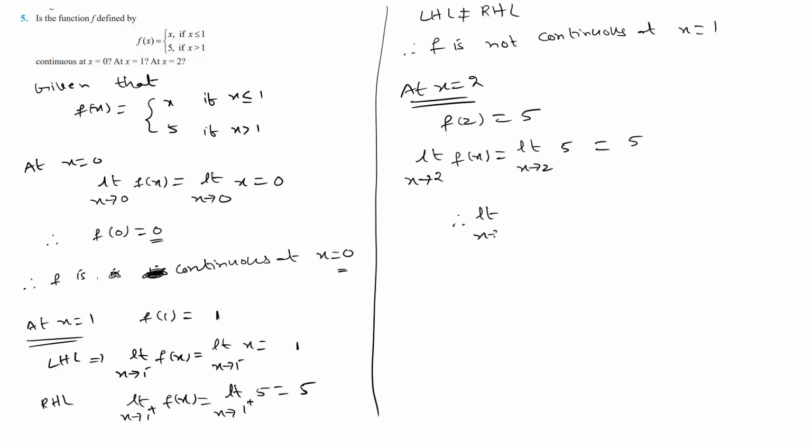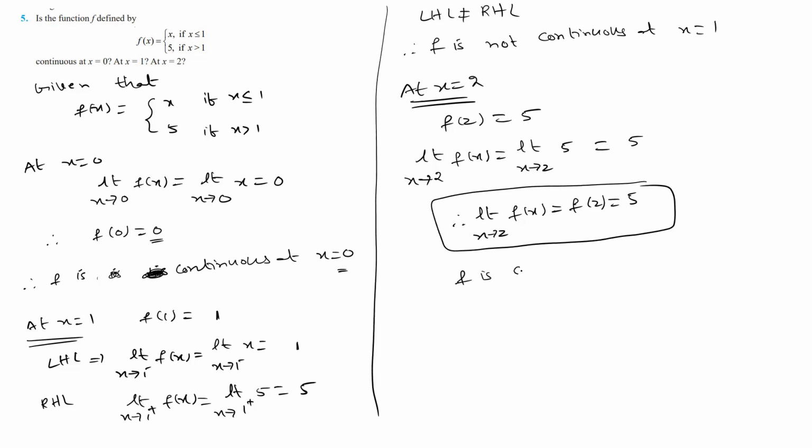Therefore, limit x tends to 2 of f of x is equal to f of 2, which is equal to 5. Therefore, f is continuous at x equal to 2.